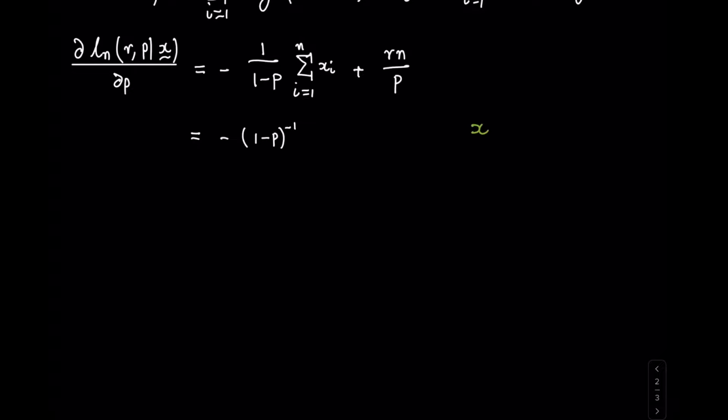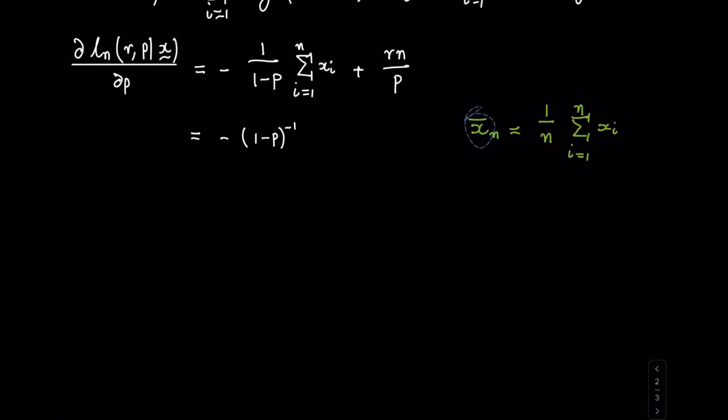I'm going to define this new term x bar n as 1 over n, the sum of i equals 1 to n of xi. In other words, x bar n is the sample mean of a series of data points, in particular where you have n data points.